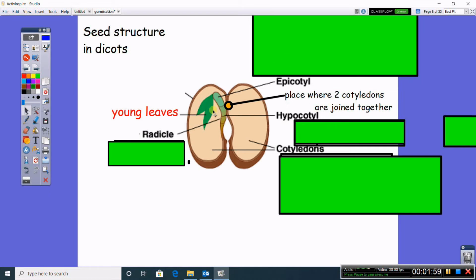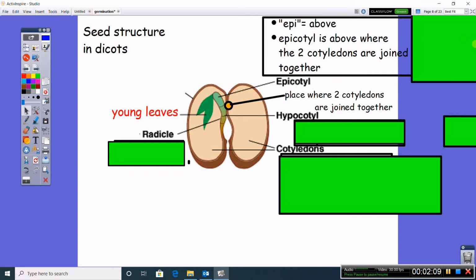What you've got above where the two cotyledons are joined together is the epicotyl, because the prefix epi means above.